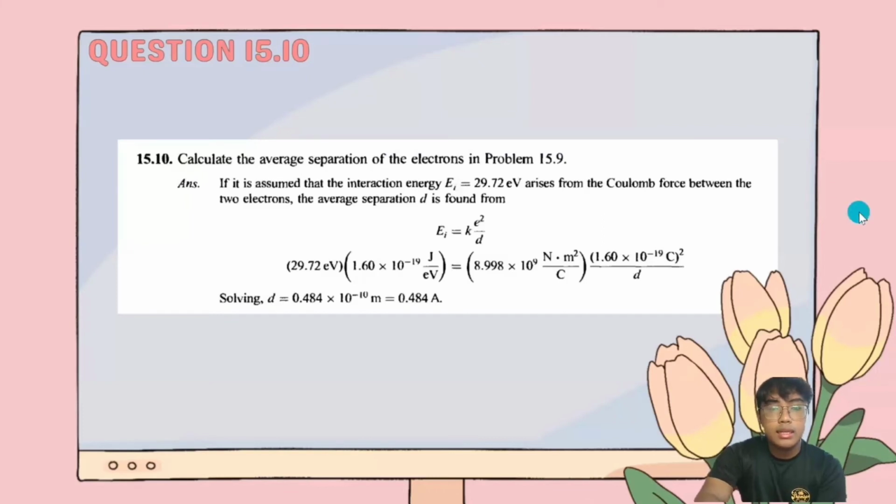If it is assumed the interaction energy E1 equal to 29.72 arises from the Coulomb force between the two electrons, the average separation D is found from. Okay, first, when it says the average separation D is found from, we must remember to use this formula. The 29.72 we take from the previous answer, and we substitute the values we got. We just bring D to the side, and we have the value of K, and the value of E we already got earlier. So we will get D equals 0.484 angstrom.